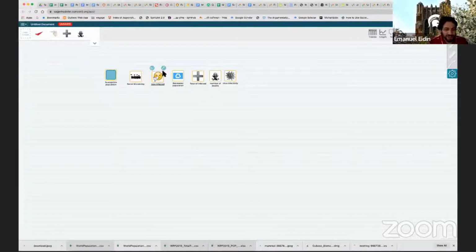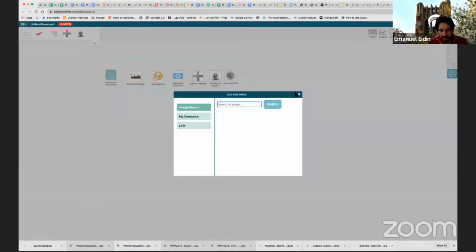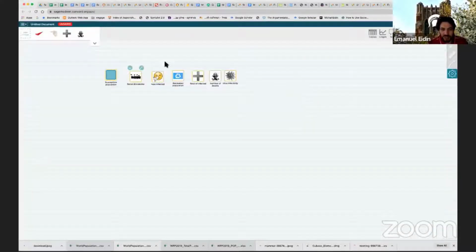For lack of time, I would be happy if we could all do this together in a workshop way, but we don't have so much time. So I just create a variable. You create a variable by dragging, and a variable, you can name it, you can find some images.